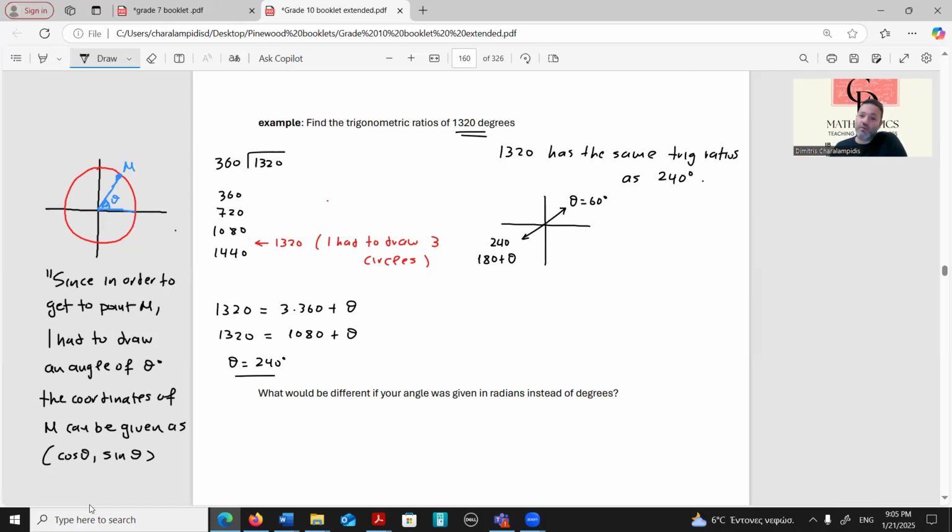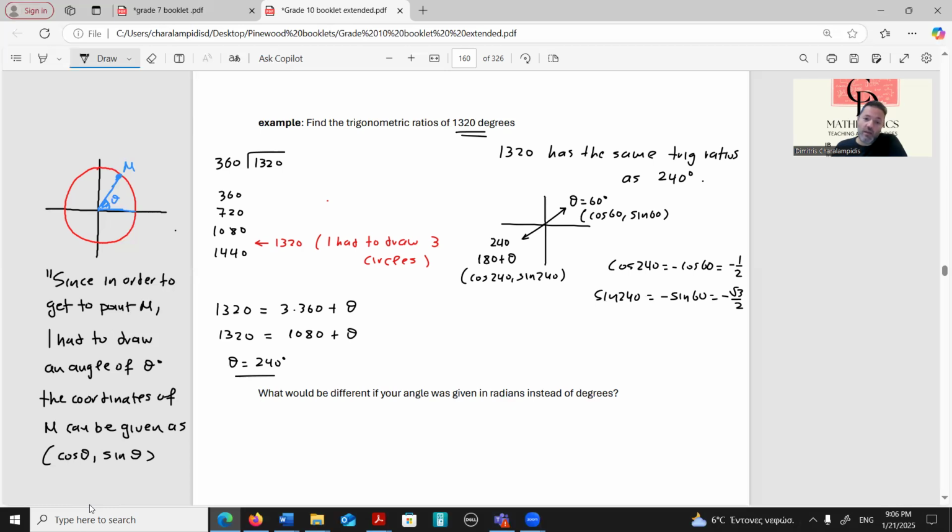The coordinates of that point would have been cosine 60, sine 60. The coordinates on the third quadrant would have been cosine 240, sine 240. I know that between these two quadrants, both x's and both y's are opposite. So cosine 240 is minus cosine 60, which is 1/2, so minus 1/2. And sine of 240 is minus sine of 60, which is minus square root of 3 over 2.